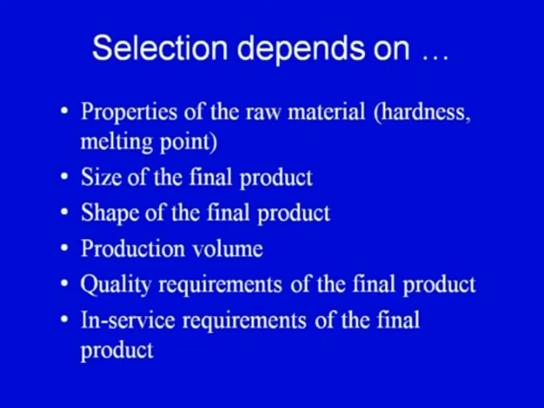If the part is very complex, then there would be some processes which cannot be used. For example, if we are doing sand casting, we can have a certain degree of intricacy, and if we are going for die casting, we can have a different degree of intricacy. So the complex geometry of the part will also dictate which type of process should be chosen within the same family.